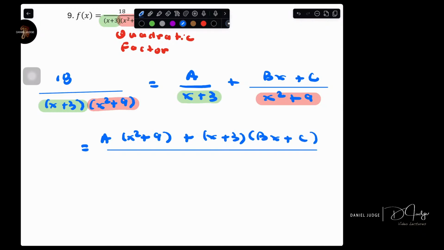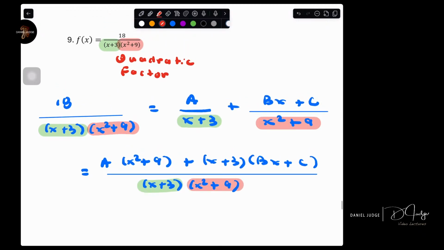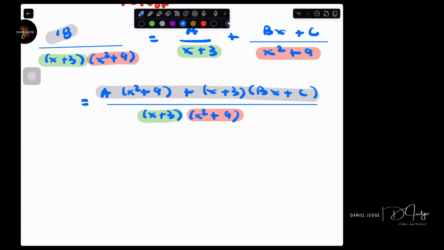This is all over x plus 3 times x squared plus 9. So here's my linear factor. Here's that quadratic factor. Again, equal fractions with the same denominator implies the numerators are equal.